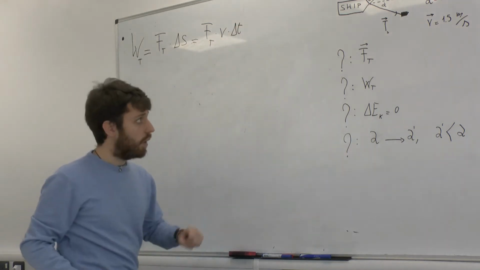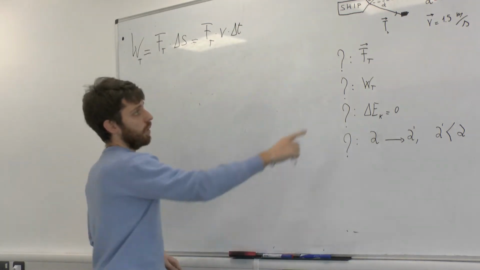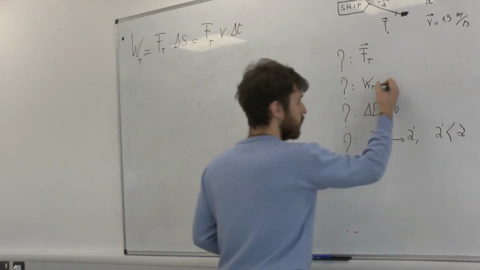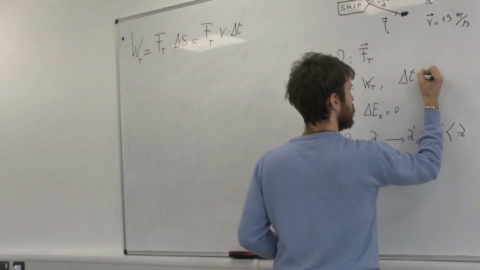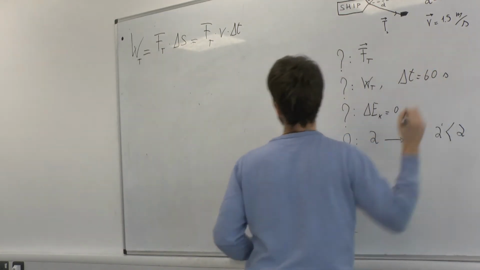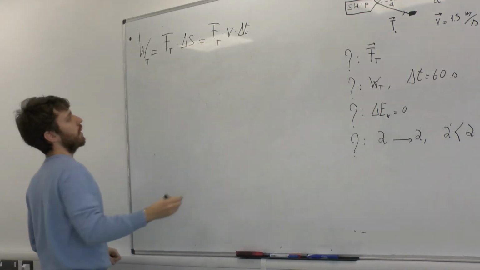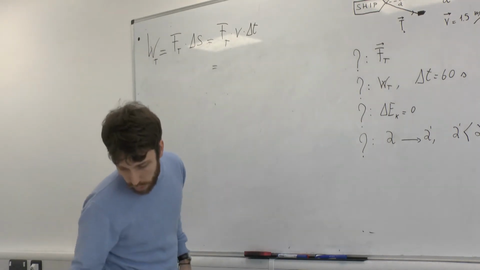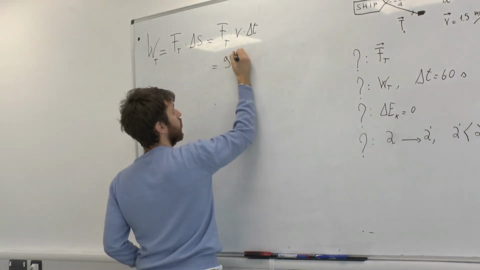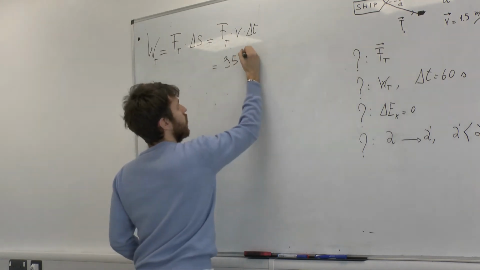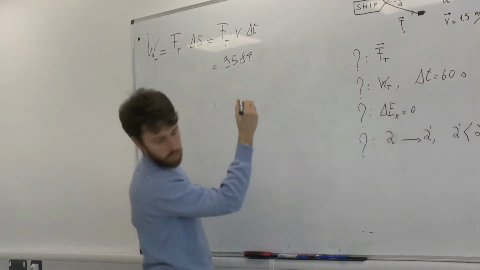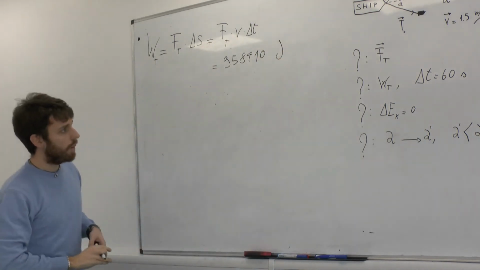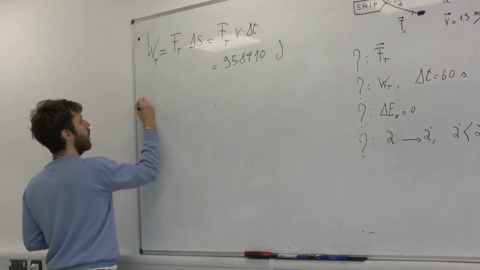I forgot to say, we are asked to calculate the work done by the pulling force in 1 minute, so delta t is 60 seconds. If we plug in the numbers, we will find the total work. Okay, so let's go to the third point.